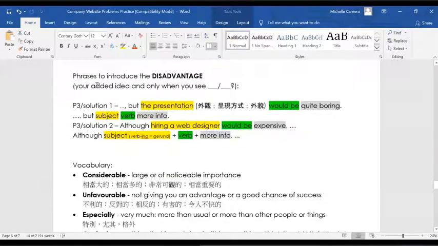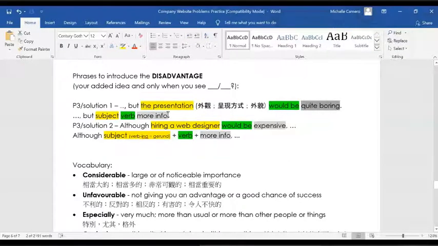All right, so this is when you have to add your idea and only when you see the / and question mark. So for problem 3, solution 1, they gave the advantage and then they put a comma, and now here comes the disadvantage. But the presentation would be quite boring. So it would be but, subject, and then verb, and then more information. Now here they used an adjective. So you could use an adjective, or maybe you might not use an adjective.